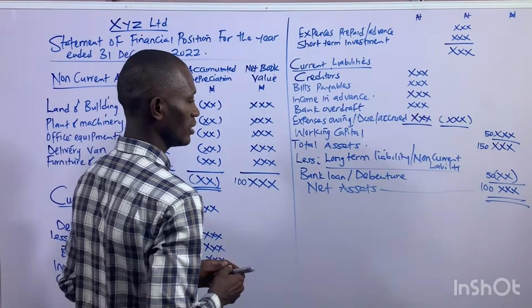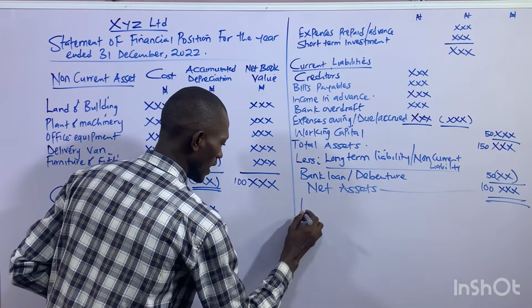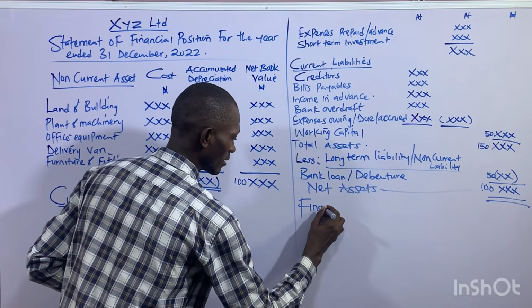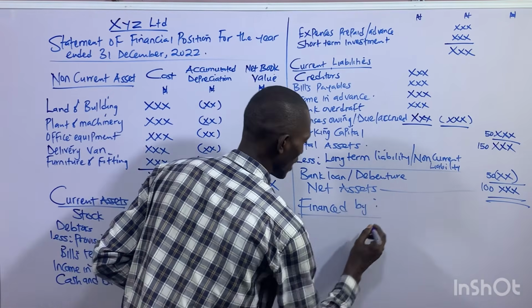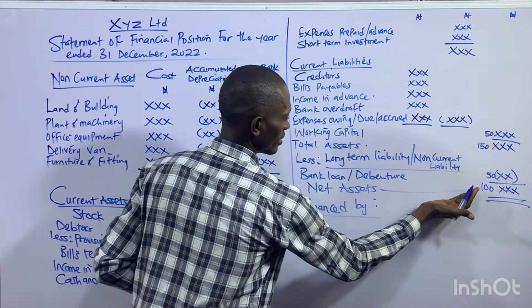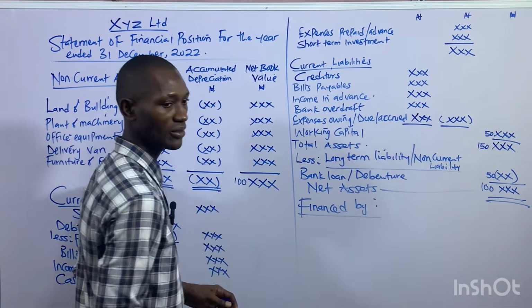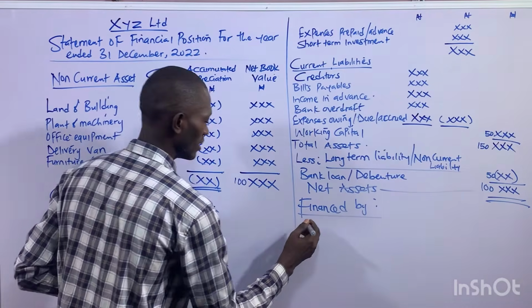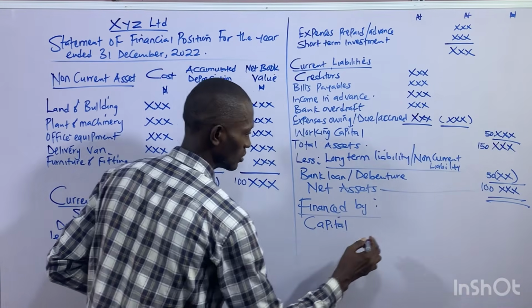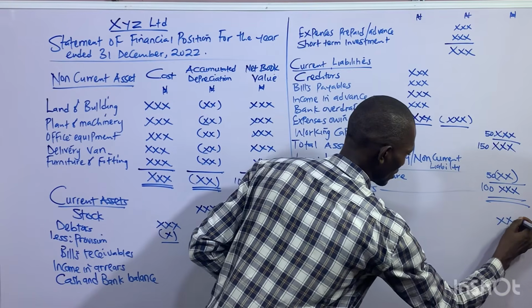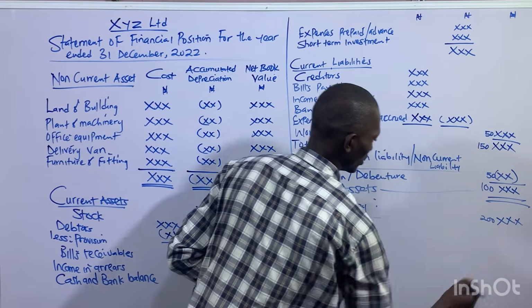Then we have financed by. How are these assets, the total assets, financed? Financed by, we have capital. Let's say capital is 200.